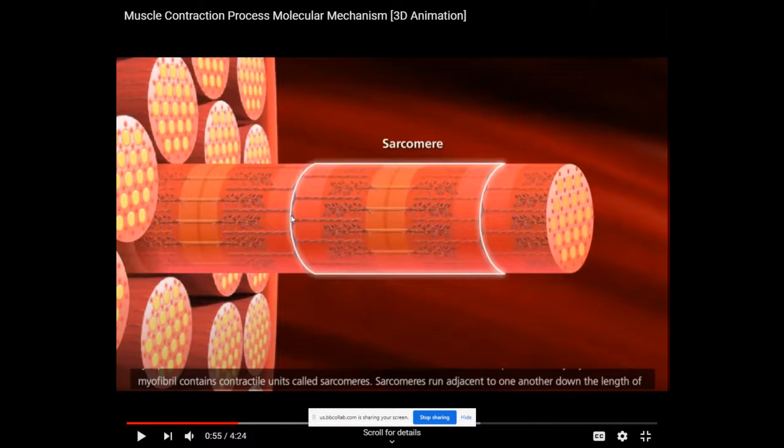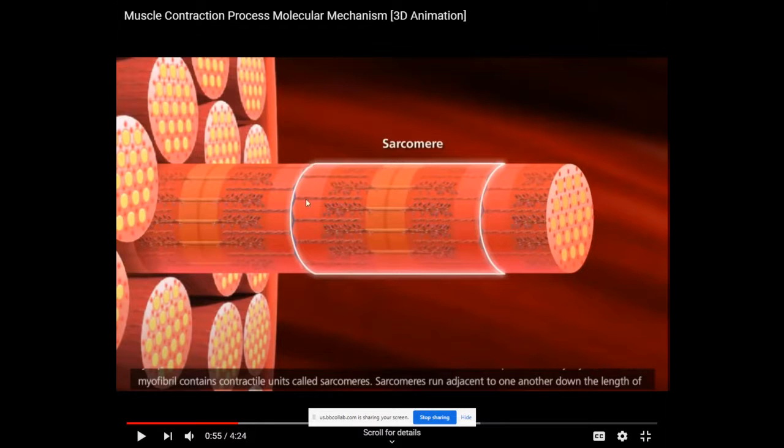And then on the Z discs, what's anchored to the Z disc? Actin, thin filaments. Thin filaments are anchored to the Z disc. Now on either side of the Z disc, we have this little region here where it's a little bit lighter, only because there are thin filaments there. That region is called the I band.